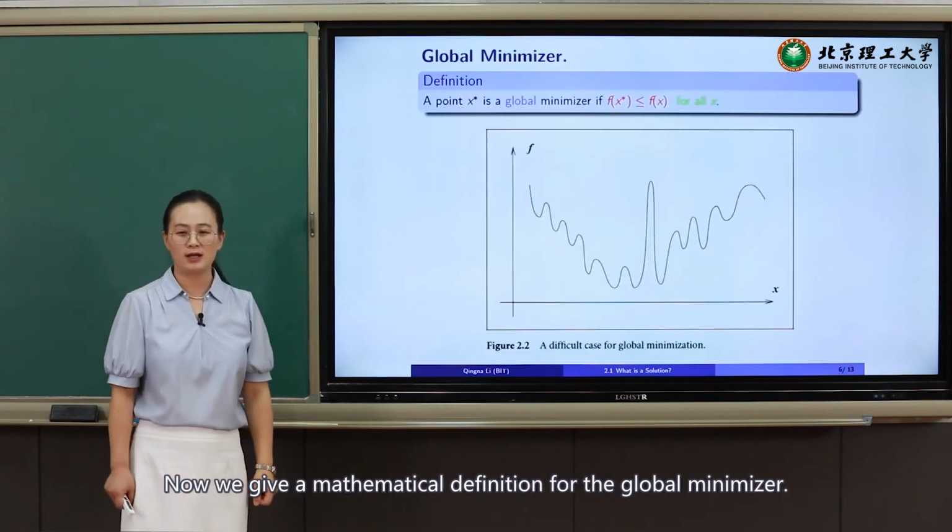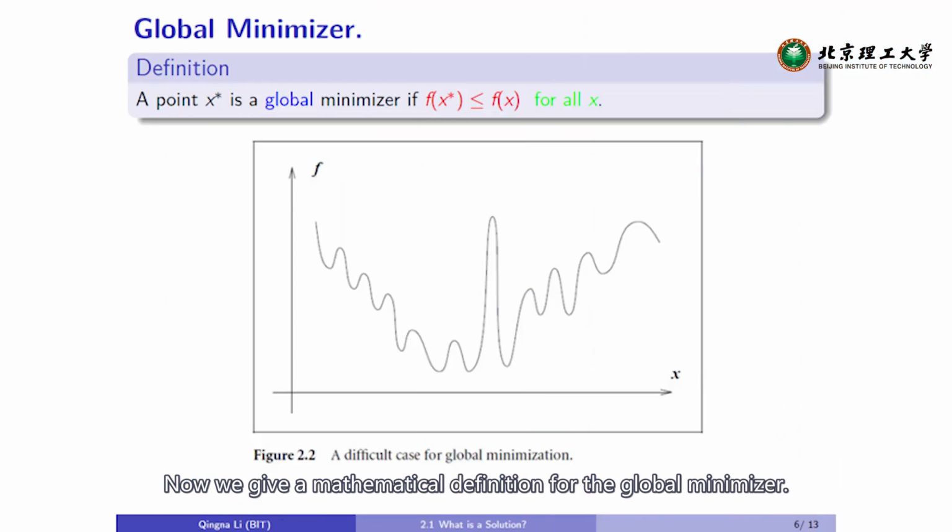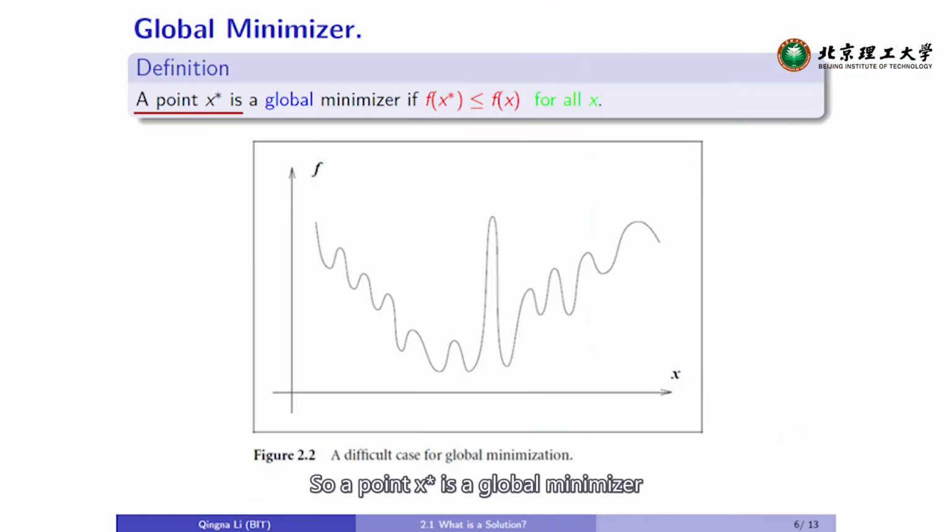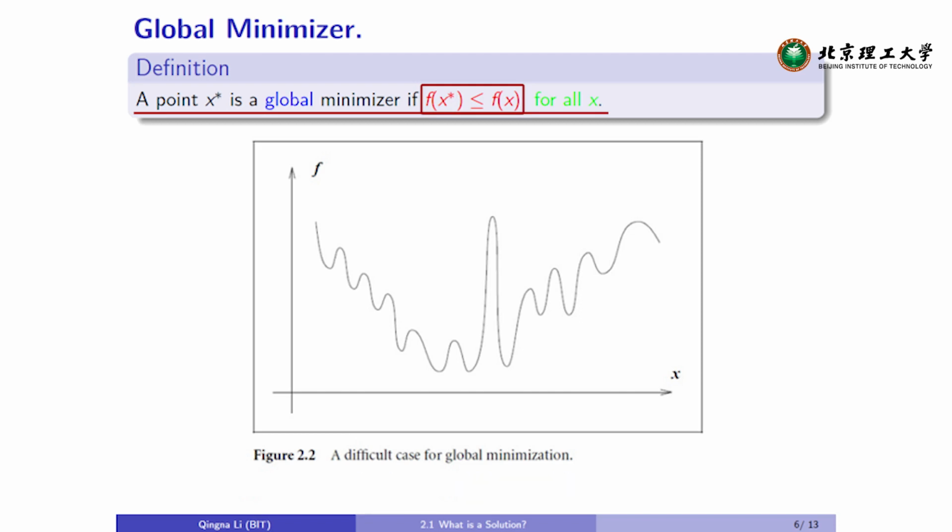Now, we give a mathematical definition for the global minimizer. A point x star is a global minimizer if it satisfies this condition. It actually means that the function value of f at x star is the smallest one. In other words, the function value f at any point x will be greater than or equal to the function value f(x star).